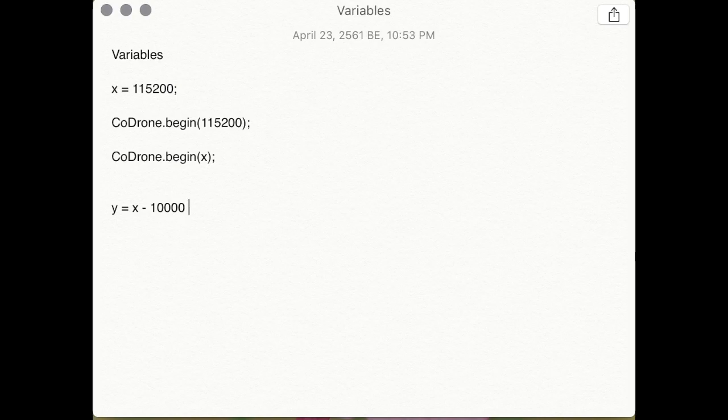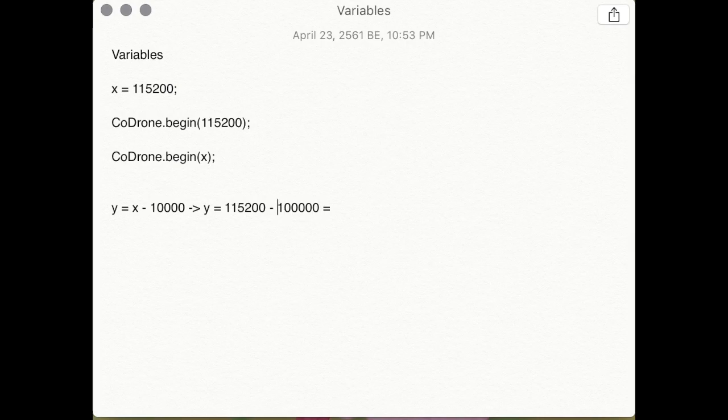So then with this, the computer would look at this as y equals 115200 minus 10,000 equals, I think it's 100,000.